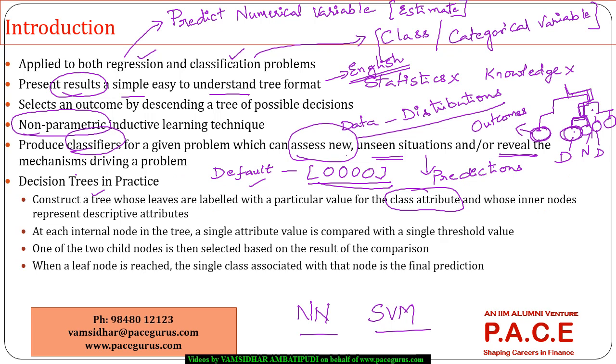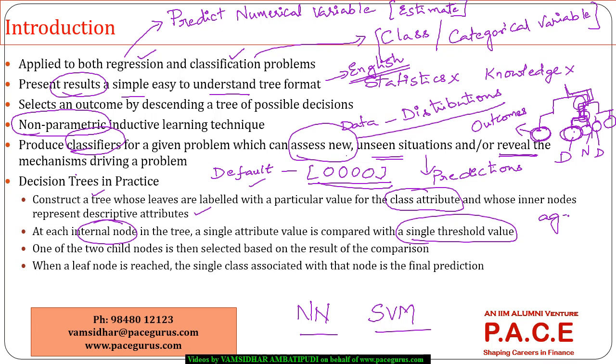And the inner nodes, so these are all the inner nodes. They represent the descriptive attributes. Salary greater than something, age less than something. So these are the different descriptive attributes that are typically being represented. At each internal node in the tree, a single attribute value is compared with a single threshold value.